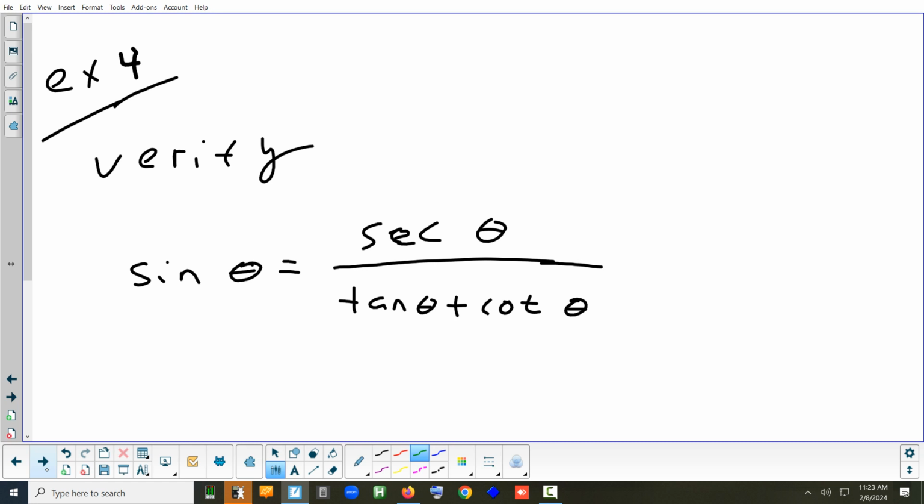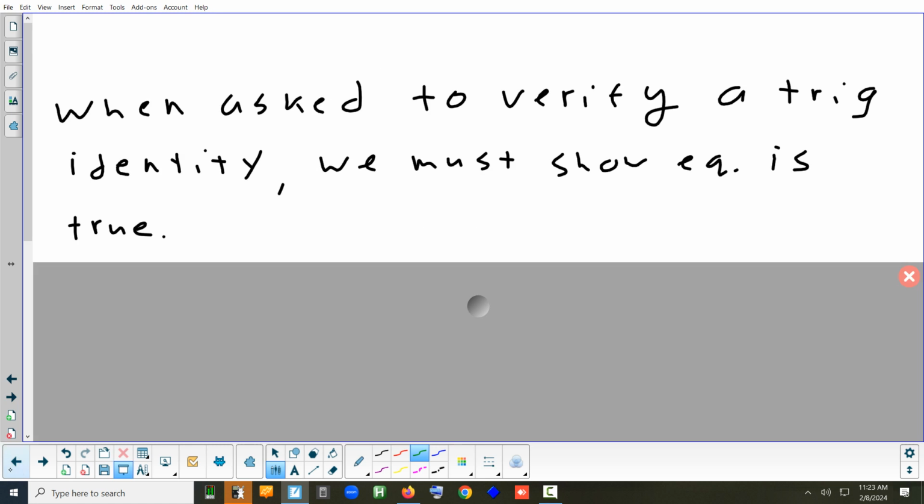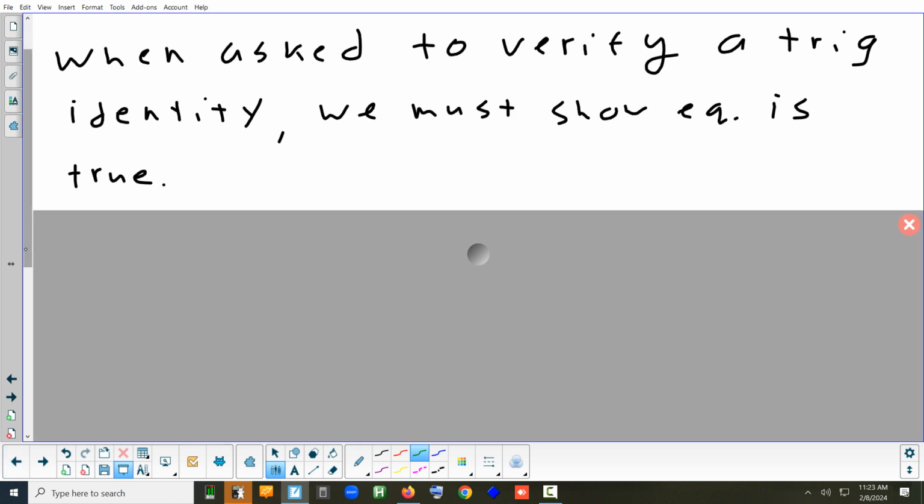The goal is to take what's on one side and work with it till you turn it into the other side. So you know when you're done with a verify problem when you've taken the complicated side and made it simple. With a problem like simplify, sometimes you never really know when you're done. So simplify is a little bit more open-ended.